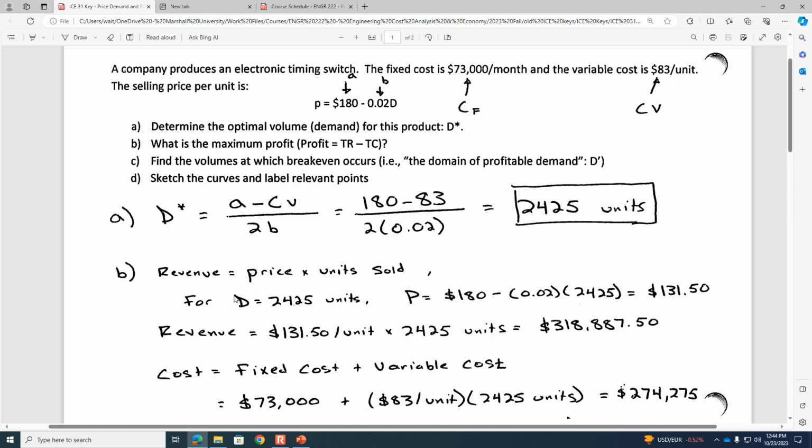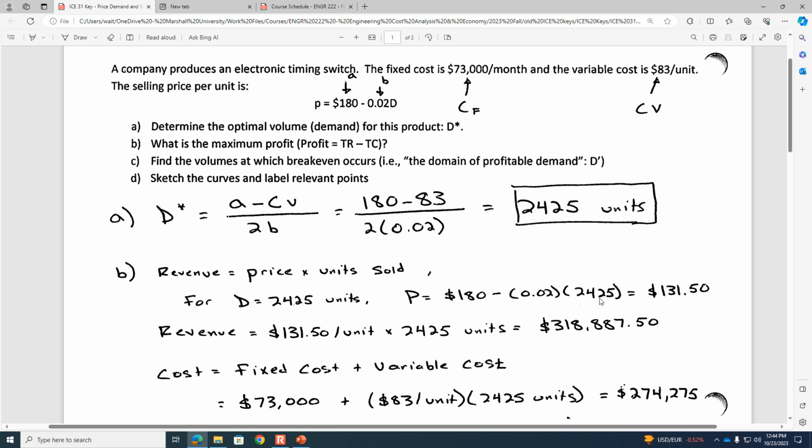So in order to achieve 2425 units per month of demand, we need to set the price at $131.50. So that's the price, multiply that by the number of units sold per month, and then we get the revenue per month is $318,887.50. So that's the first part of the profit.